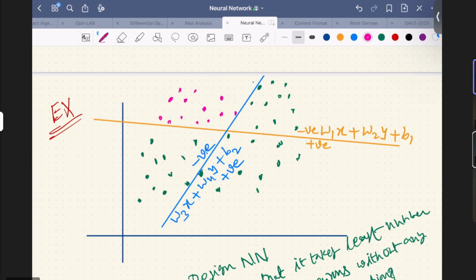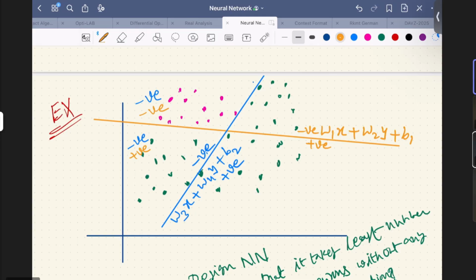The blue line equation should be negative and the yellow line equation should be negative. In this one, blue should be negative and yellow should be positive.